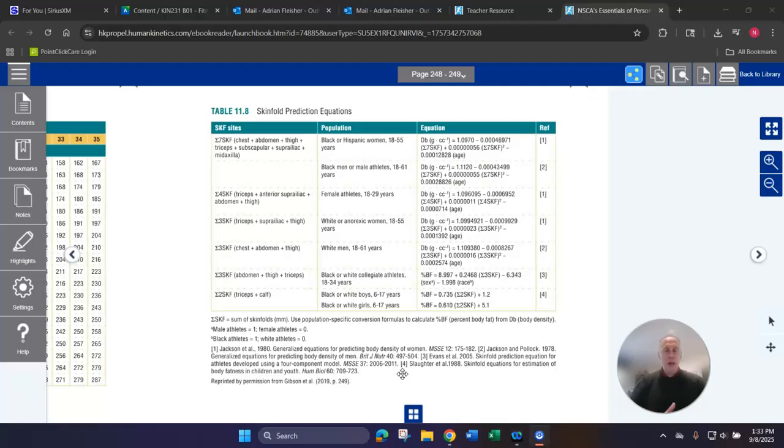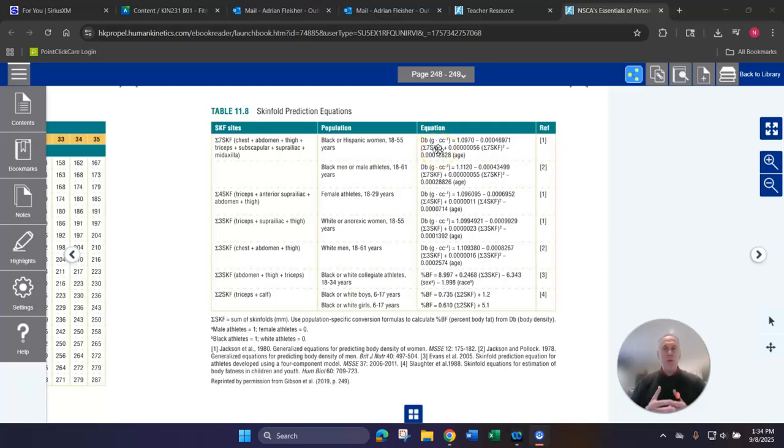So when we look at these different populations here, you have people who might be black men or male athletes, 18 to 61, female athletes, 18 to 29, white or anorexic, et cetera. You have the corresponding skin fold sites that are used to test those populations, and then you have the equations that you use to come up with body density being grams per cubic centimeter. That's what that g/cc minus 1 is. That's grams per cubic centimeter.